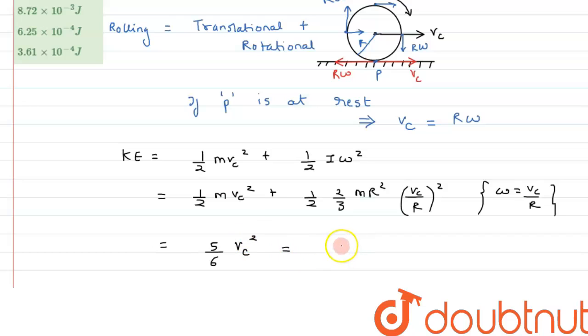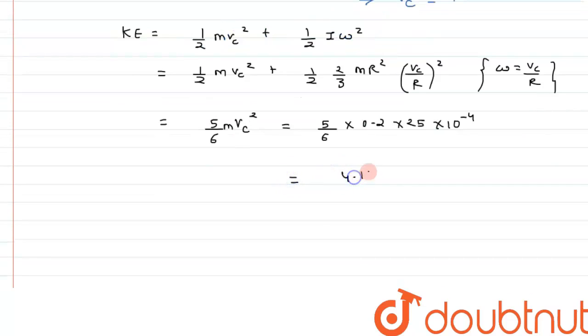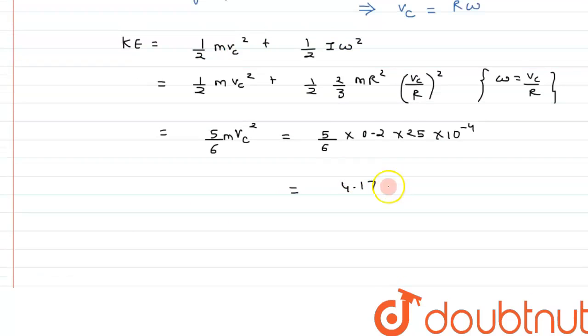Now we just have to substitute the values. 5 by 6 into m, which is given as 200 gram, that is 0.2 kg, into vc, which has been given as 5 centimeter per second, so it would be 25 into 10 raised to minus 4 meter square per second square. The answer comes out to be 4.17 into 10 raised to minus 4 joule.